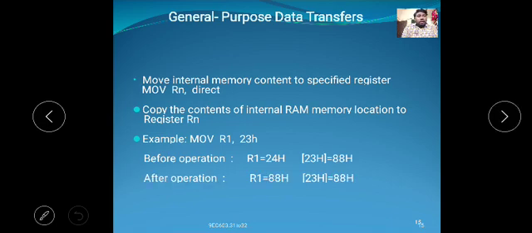After operation, R1 is equal to 88 and 23H is equal to 88H.